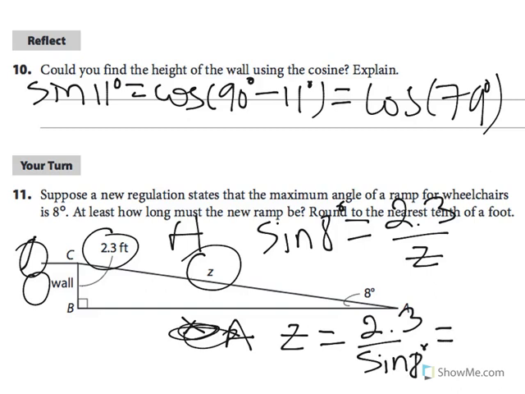From there, just use your calculator: 2.3 over sine of 8 degrees. This gives us 16.526, so z equals 16.526 feet.